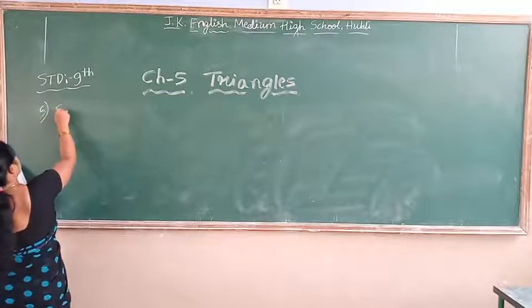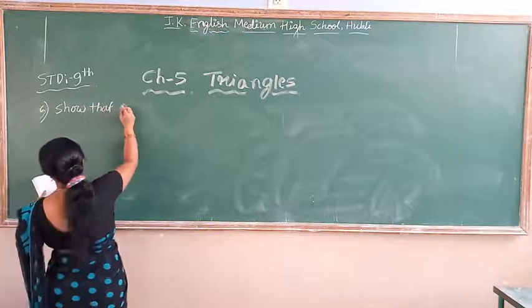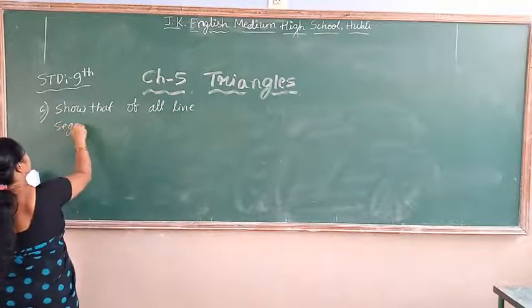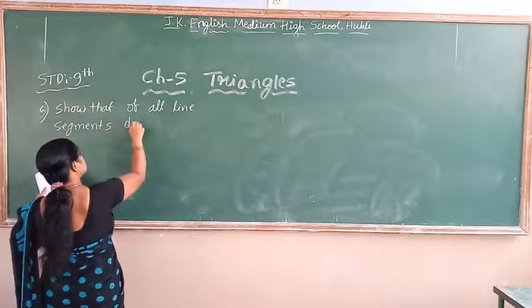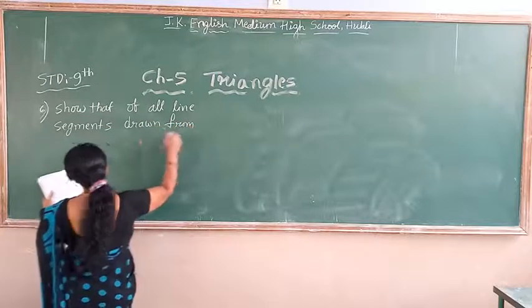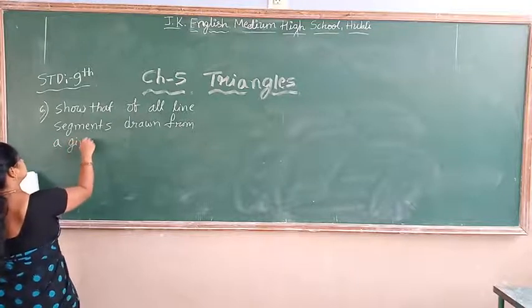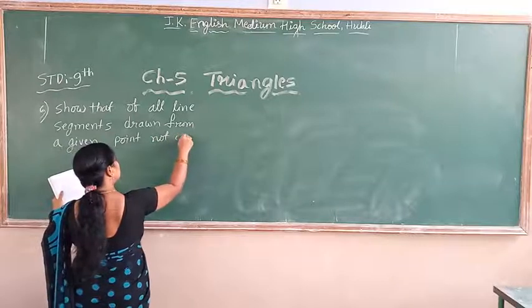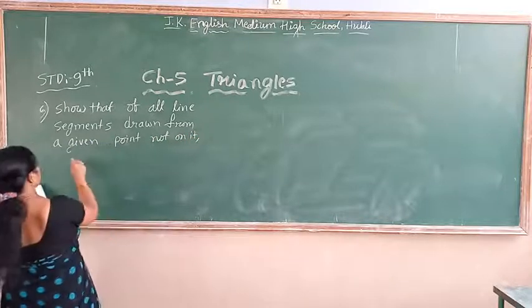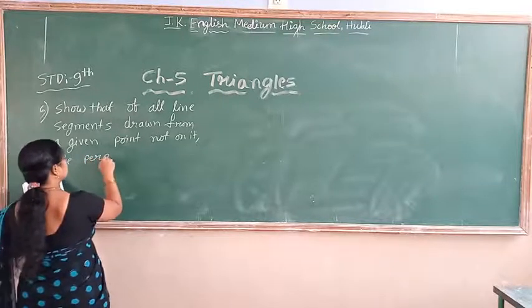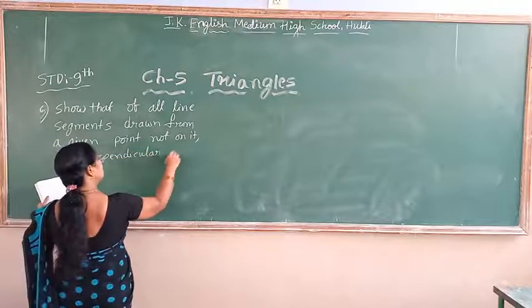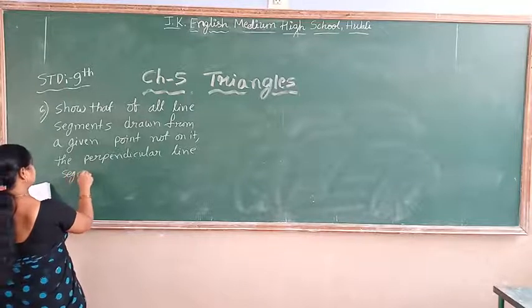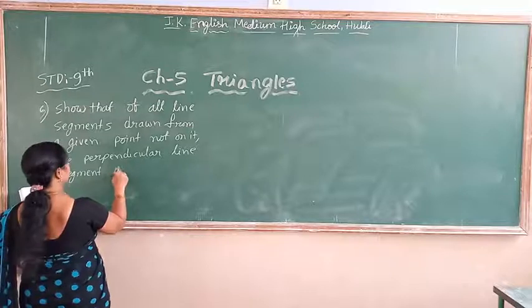Sixth question is: show that of all line segments drawn from a given point not on it, the perpendicular line segment is the shortest.